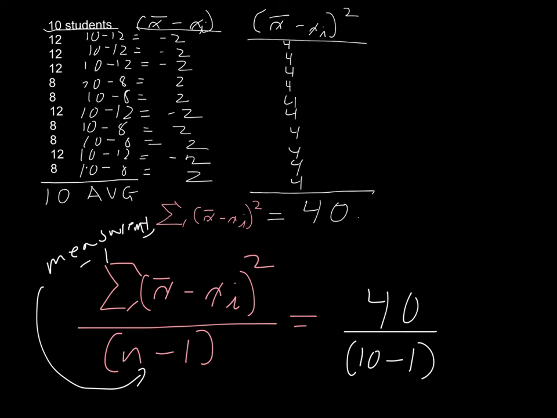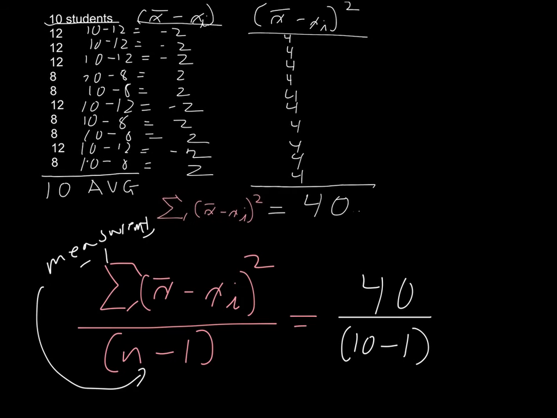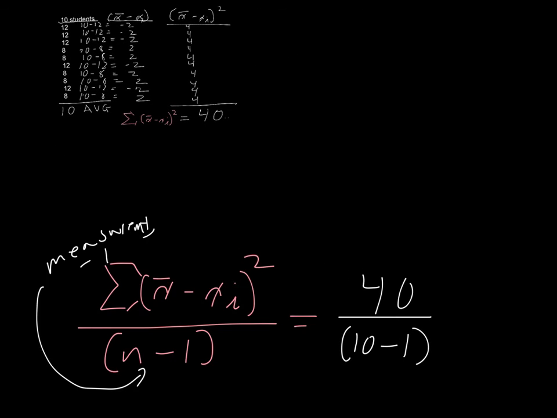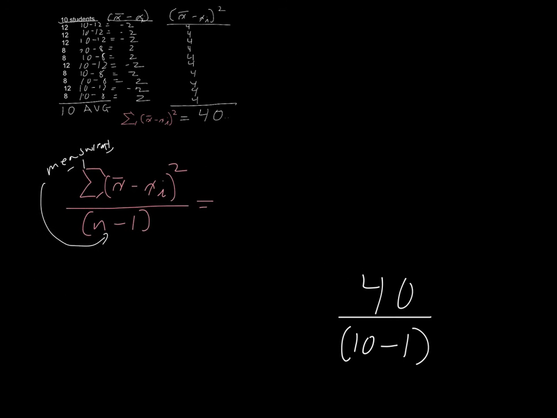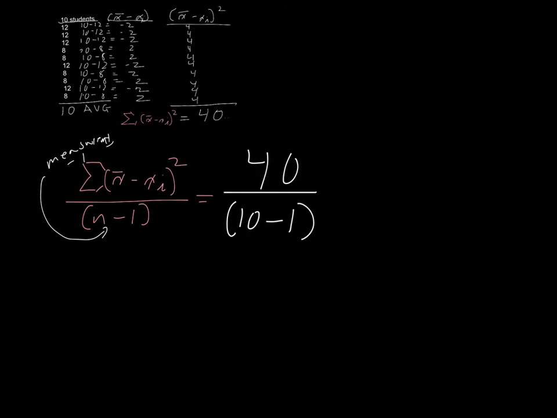Then, what's the next thing our standard deviation formula tells us to do? It tells us to take the square root. Why are we taking the square root? To undo the squaring effect, right? We squared our measurements to get rid of those negative signs, and that's not really fair, right?